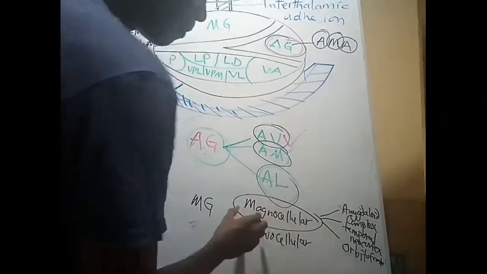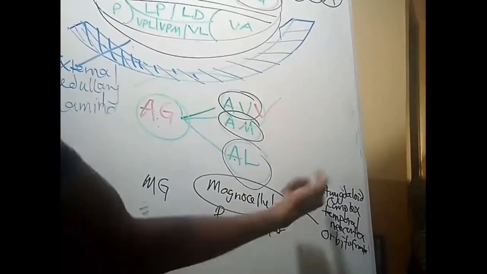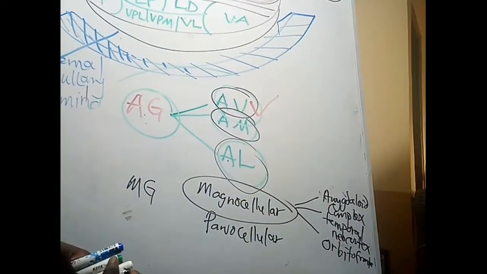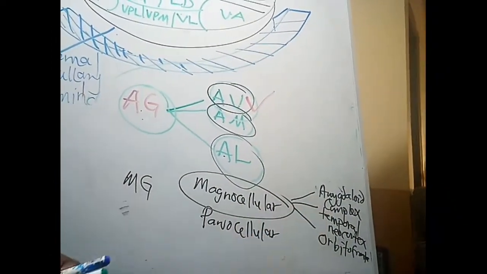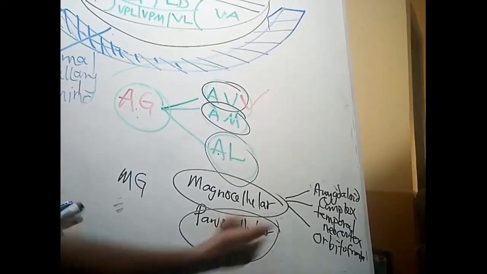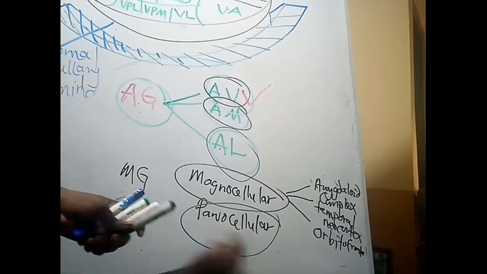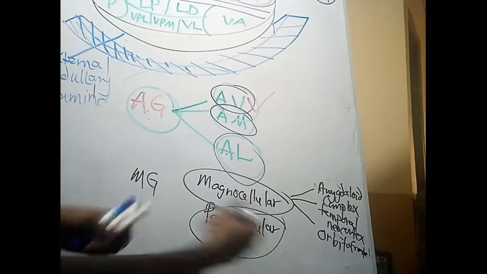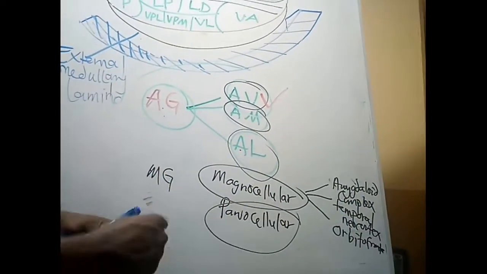Those are the afferent fibers coming to the magnocellular nucleus. The efferent fibers will go to the hypothalamus, is that okay? So they go to the hypothalamus, the frontal preoptic area, and then the parvocellular nucleus. For the parvocellular, generally fibers that are going to the frontal lobe will pass through the parvocellular nuclei.